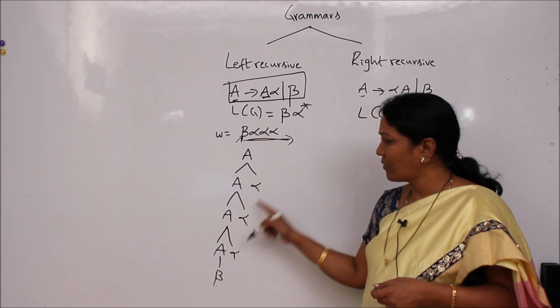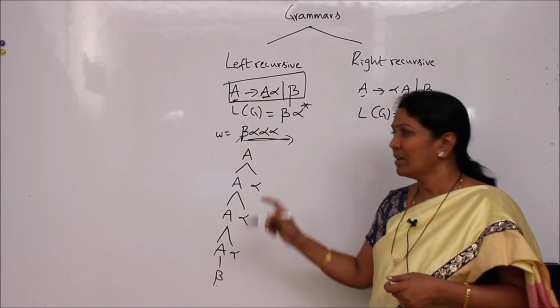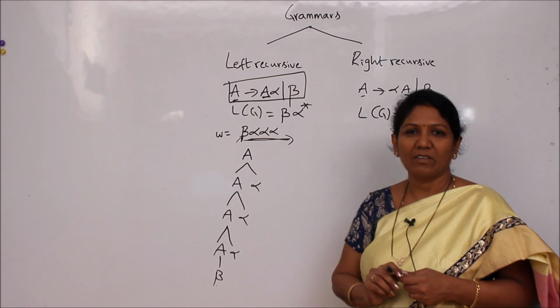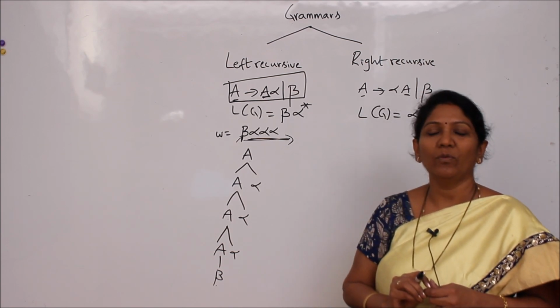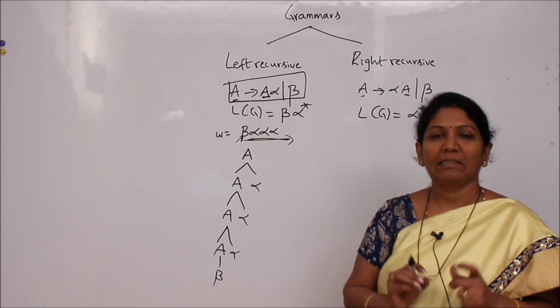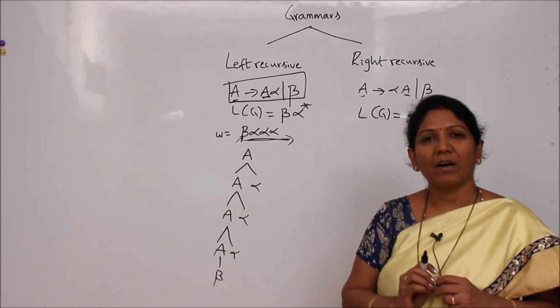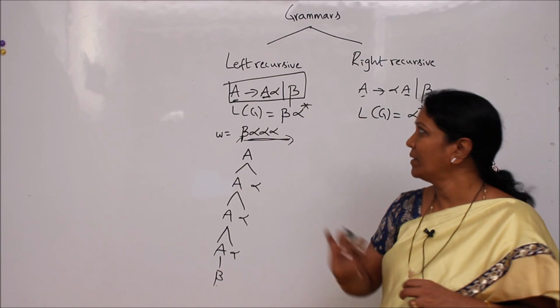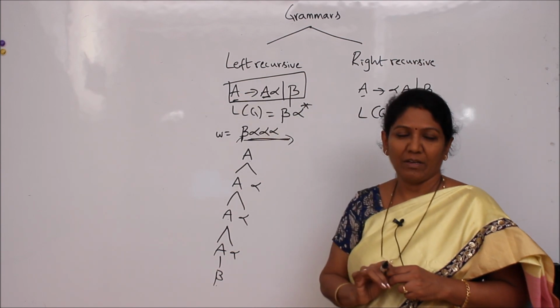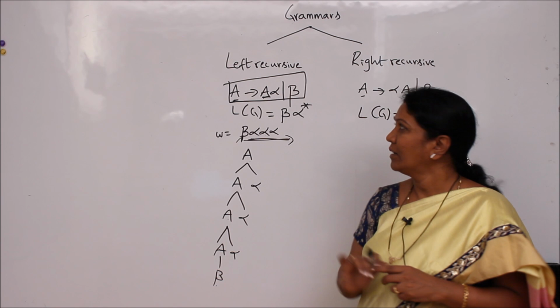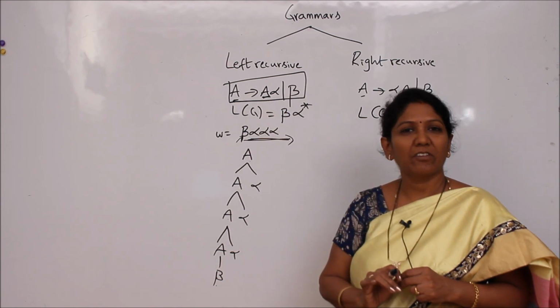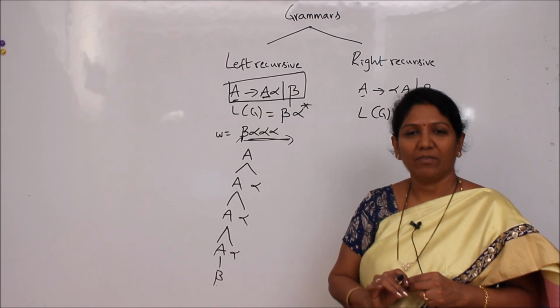Since the call to itself depends on the length of the string, there is a danger of going into infinite loop. That's why certain parsers do not accept this left recursion. Especially the top-down parsers do not accept this left recursion.